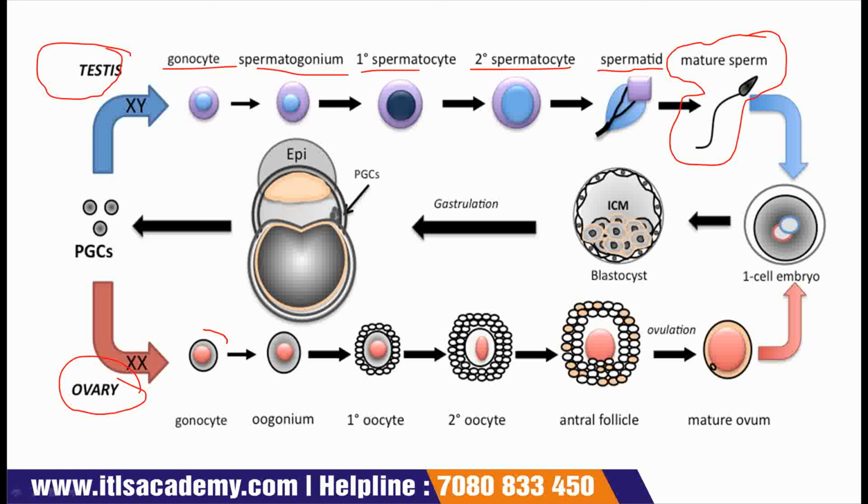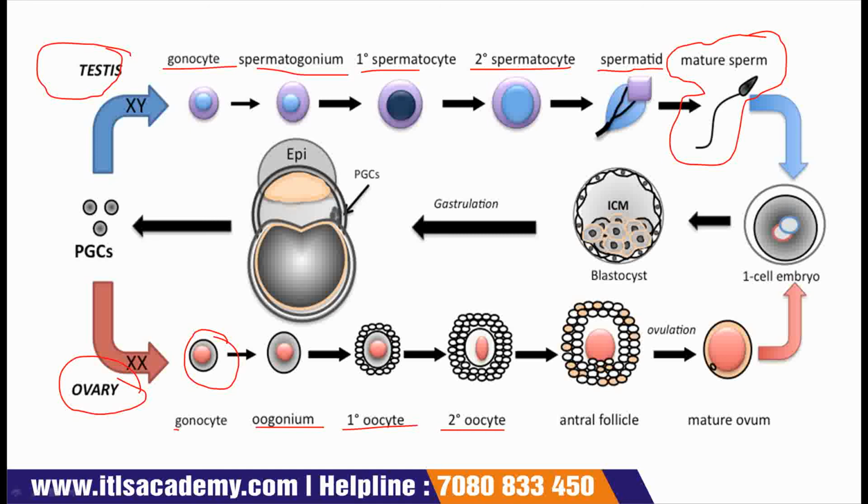In the ovary, this is gonocyte. This gonocyte forms oogonium. This oogonium forms primary oocyte. This primary oocyte goes further development and forms secondary oocyte.